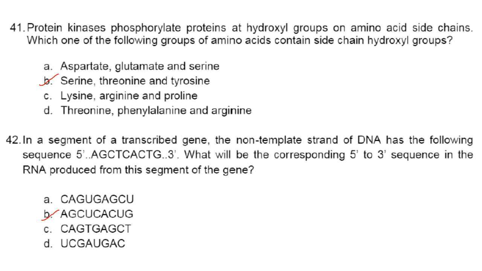What will be the corresponding 5' to 3' sequence in the RNA produced from this segment of the gene? So RNA sequence will be same as the non-template strand, except that in place of T in DNA, it will be U in RNA. So the answer will be option B, that is AGCUCACUG. Answer is option B.